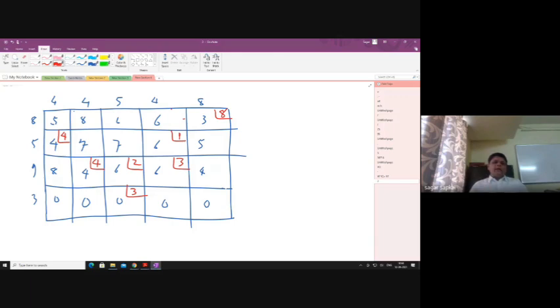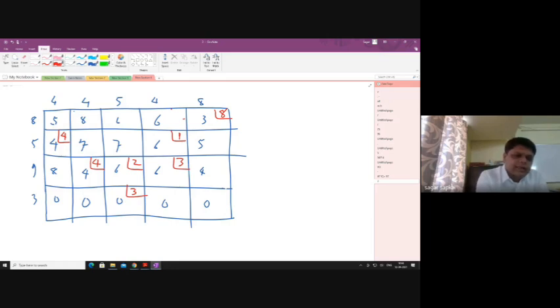Independent in the sense it should not form a loop. For example, if you take 4 1, it will form a loop. How? If you go up, you can go to 2 1 and take the turn, then go to 2 4 and take a turn again.